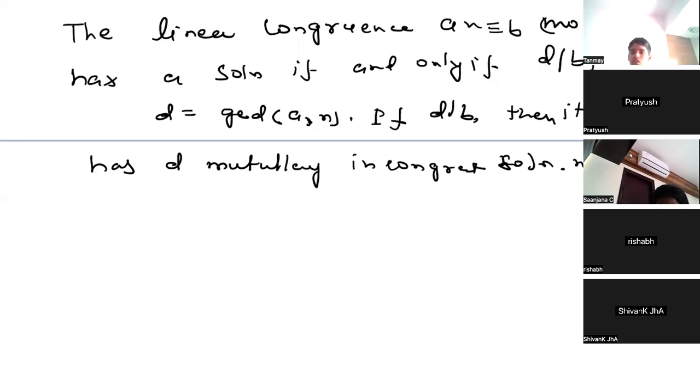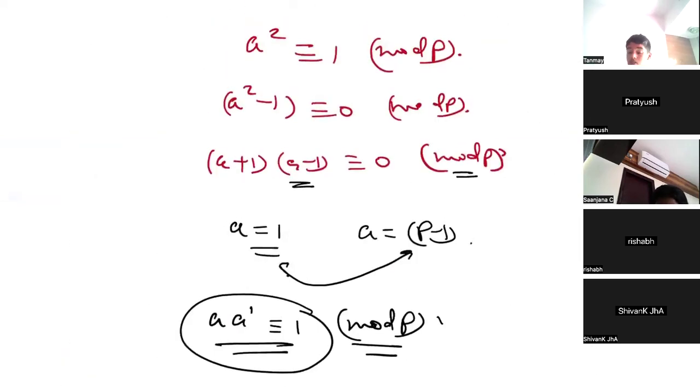Now we are saying every time we'll get a combination of two numbers. But the next theorem is for the quadratic congruence, right? x squared plus 1 congruent to 0 mod p.